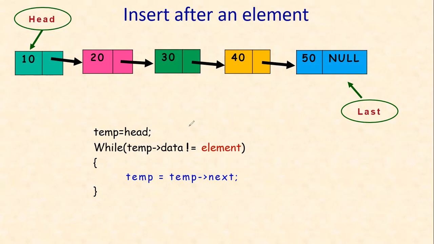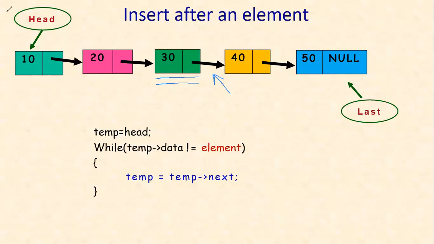Here I am taking a condition like this: I want to insert a new element after some existing value. Here I took 30. After 30, I want to insert a new element. So what should I do?